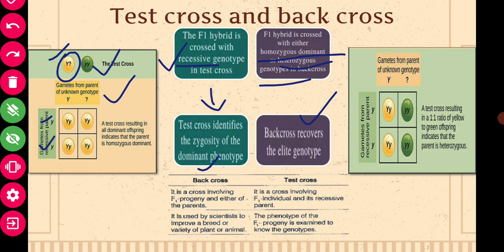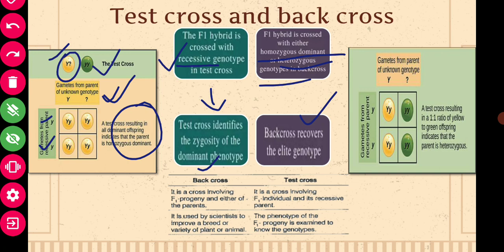So in this way you can see the actual result of a test cross. If all the offspring produced are dominant, that means the parent was homozygous dominant.